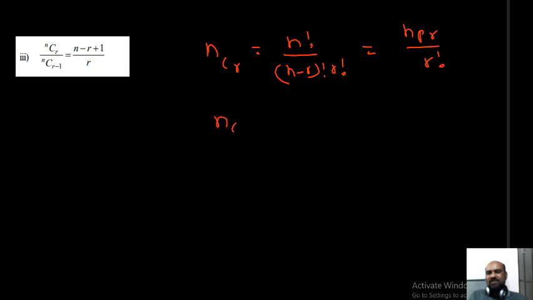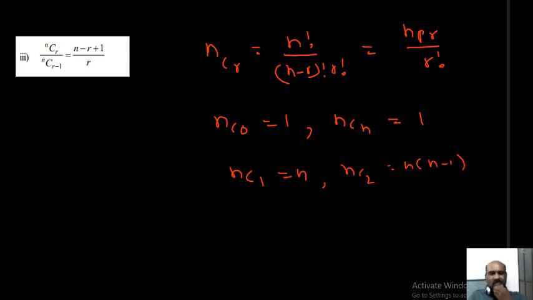Okay, nC0 is 1, nCn is 1, nC1 is n, nC2 is n into (n minus 1) by 2 factorial, sorry. In this way you can find the values. So what formulas do we have? nCr equals nC(n minus r), an important result.